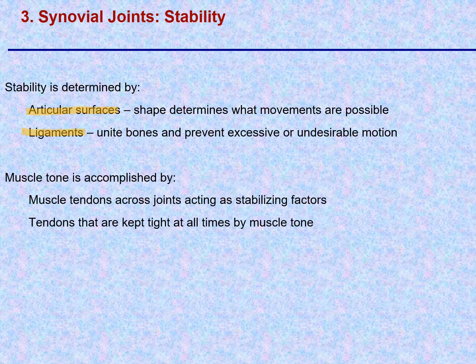So the tendons for the muscles are going to cross over a joint typically and act as a stabilizing force and allow for movement around the joint.